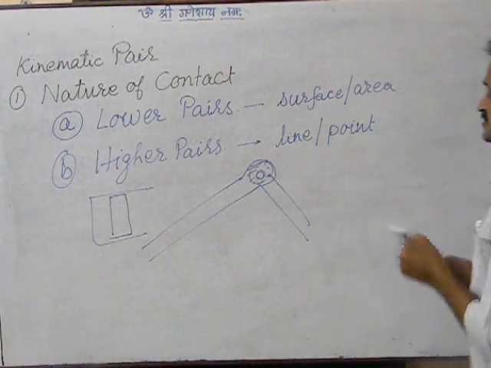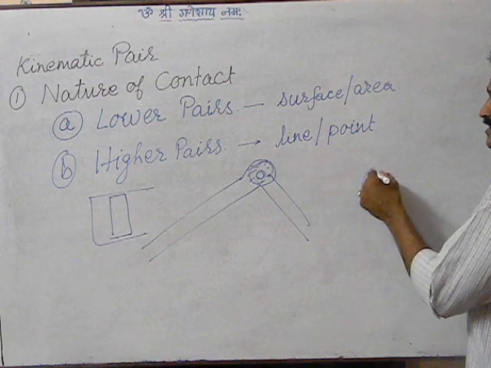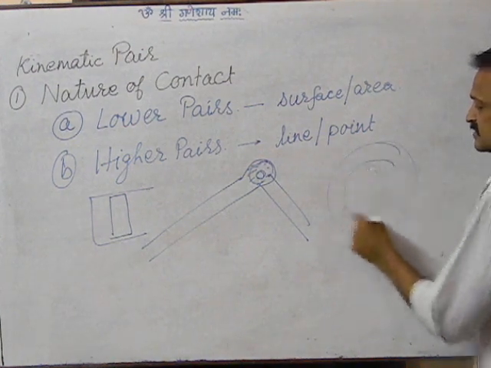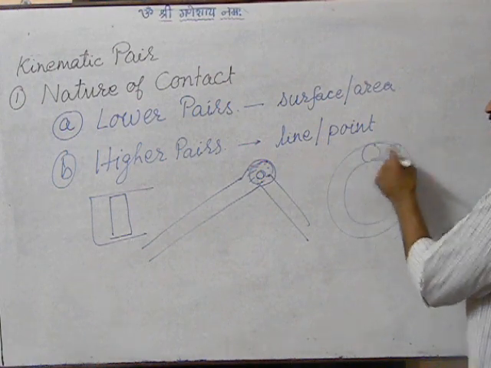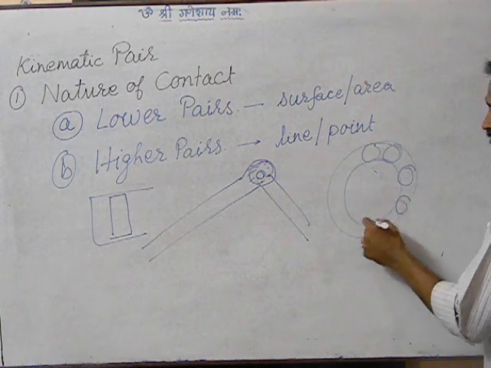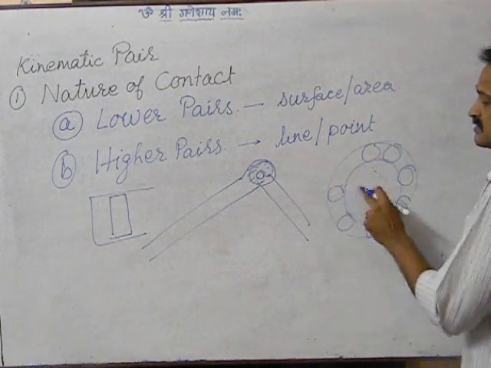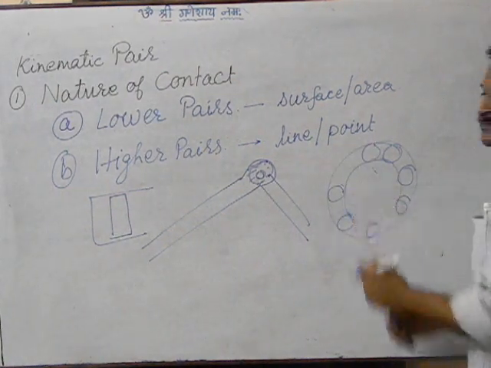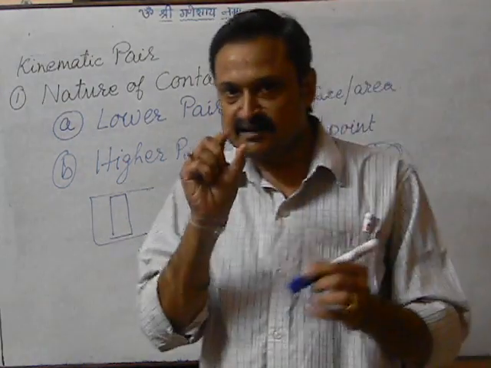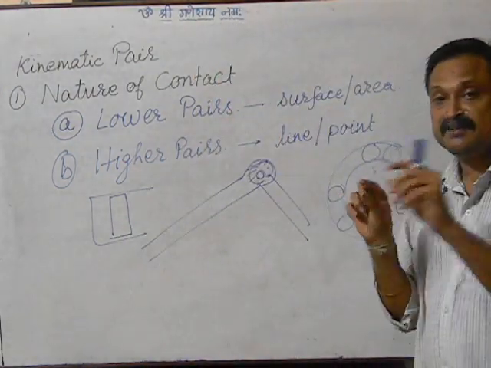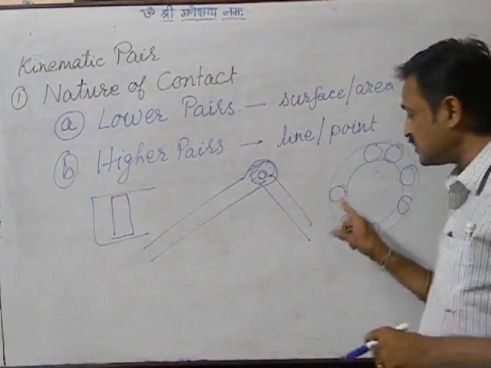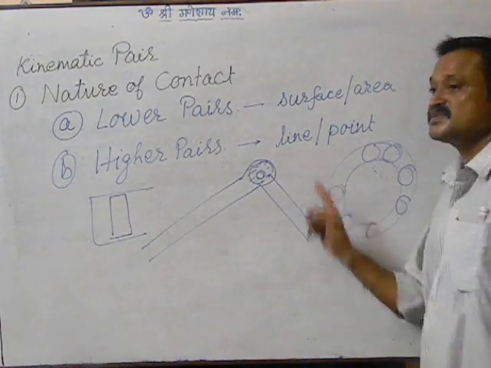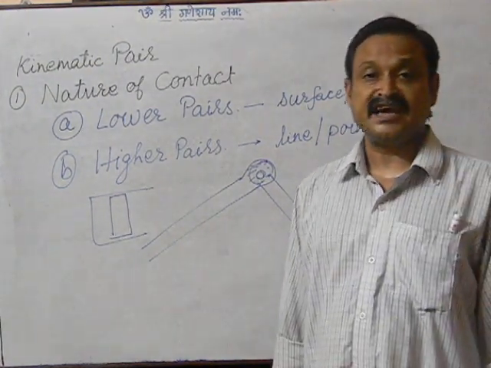What are higher pairs? Like in the case of ball bearings. Say this is the shaft, and the contact between this shaft and the hole is pure point contact. There are balls, or instead of balls there can be rollers. If there are rollers inside, then the contact between these two members will be line contact.